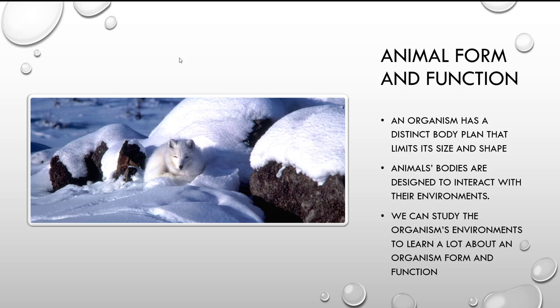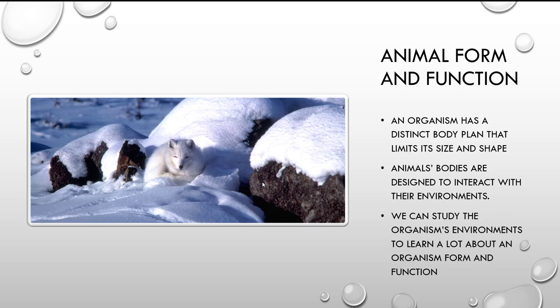So for example, just looking here at this Arctic fox, you can see how the Arctic fox is perfectly blended into the snow environment. So it has that white coloration during the winter months, but then during the summer months the Arctic fox's coat is more of a brown color, or a dark gray color, to kind of camouflage with the landscape without snow.